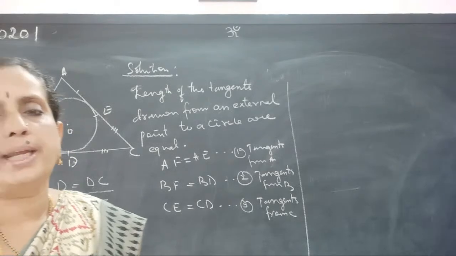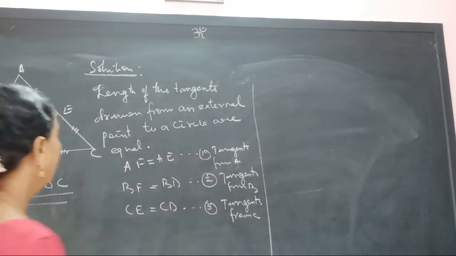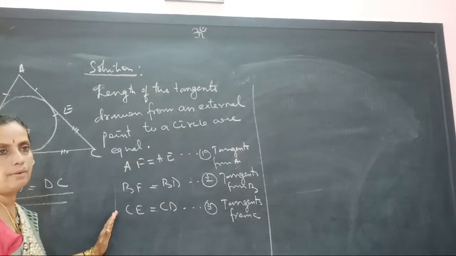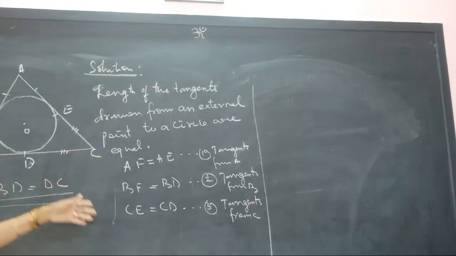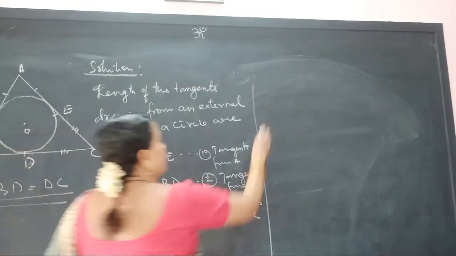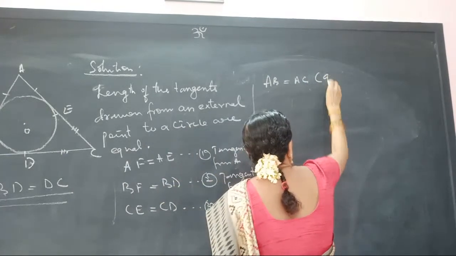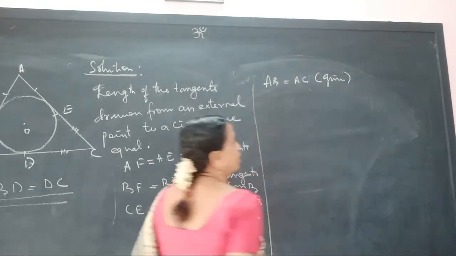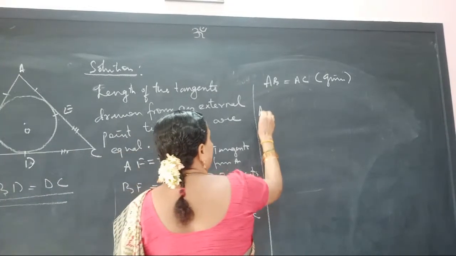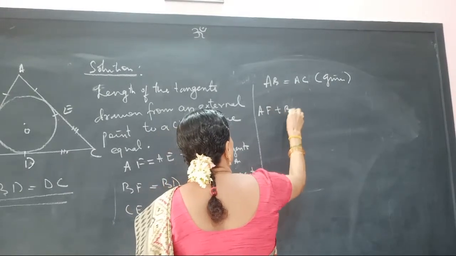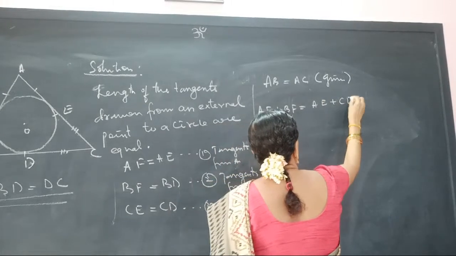Now just see the second part of this problem. Don't write, just see. Apart from the points, according to the theorem we have extracted results 1, 2 and 3. Now in the question it is given AB equals AC. It is an isosceles triangle. So we can write AF plus BF equals AE plus CE.